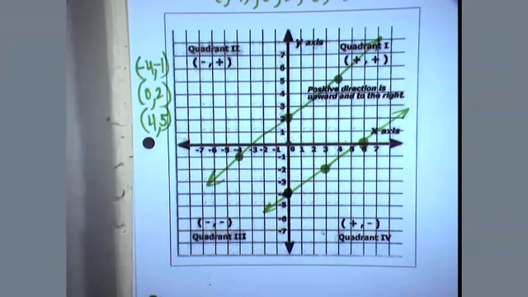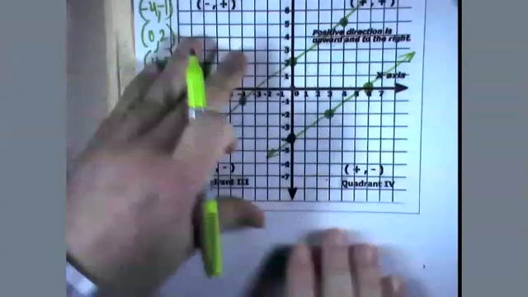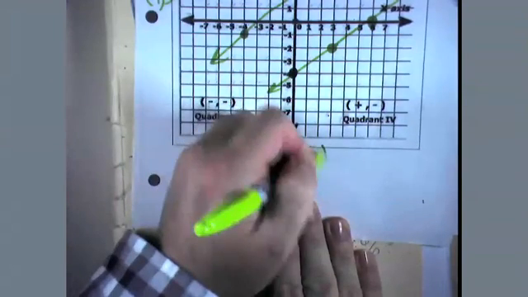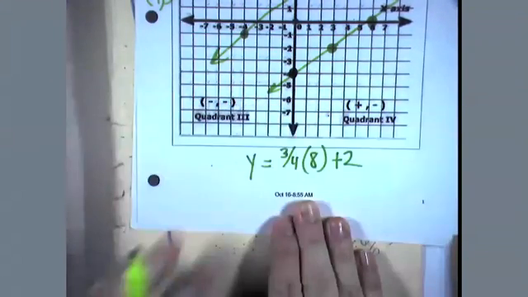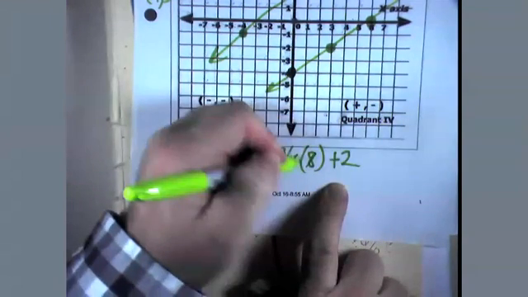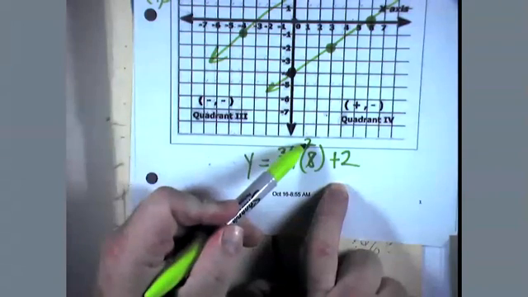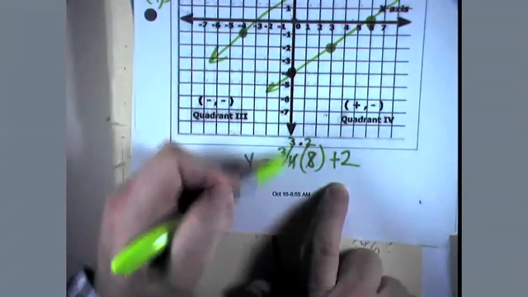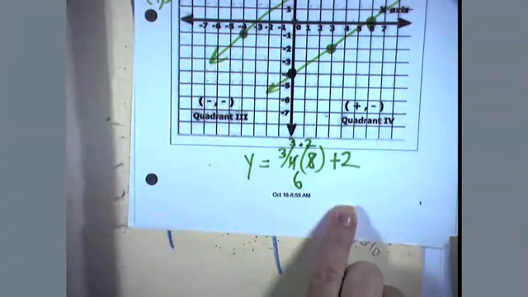For instance, you said let's use 8 and see if that falls within our line here. If we plug in 8, I'll just do it down here. 4 can go into 8 two times. Then multiply that 2 times the 3 that's already there. That will give us a 6.